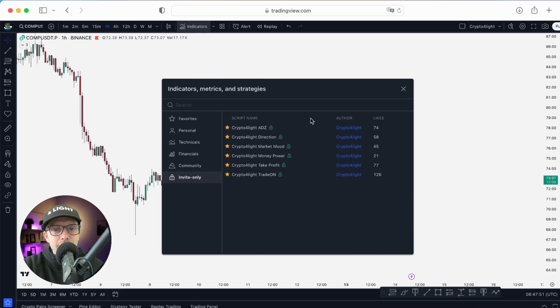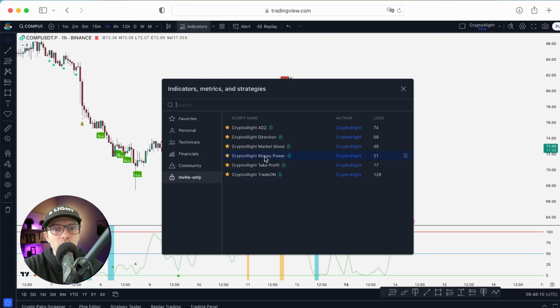I use my custom indicator set, but not all of them. For example, the take profit indicator I never use inside a day. This indicator mostly works for the daily and weekly time frames, for investment. Time to time, I can turn on this indicator and Money Power. Inside a day, I don't use, for example, the Market Mood indicator.